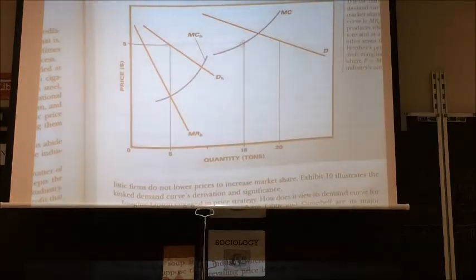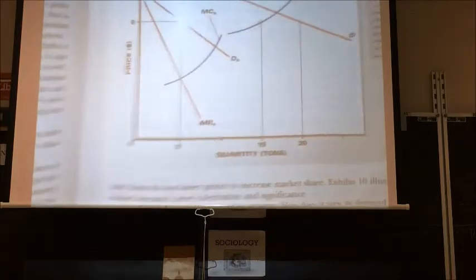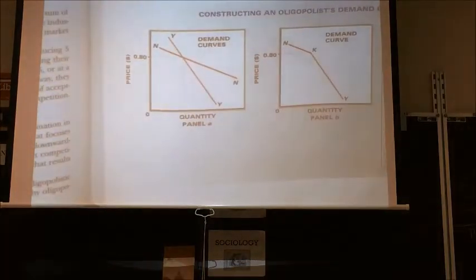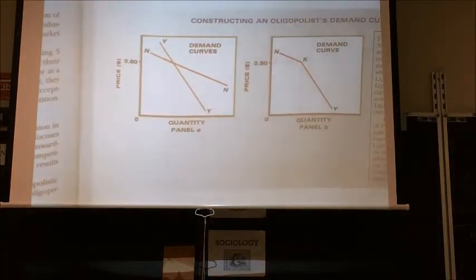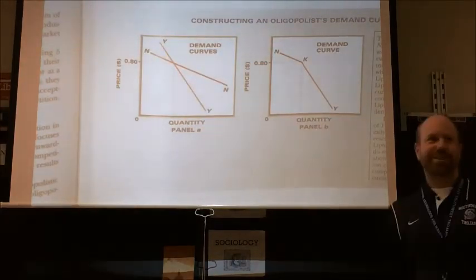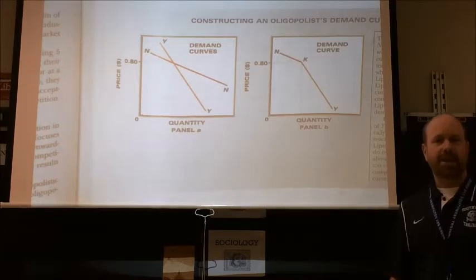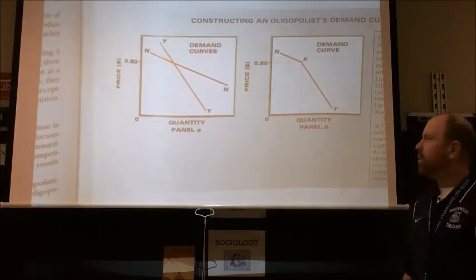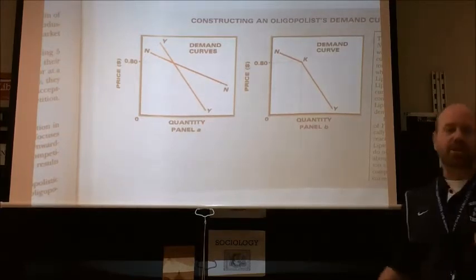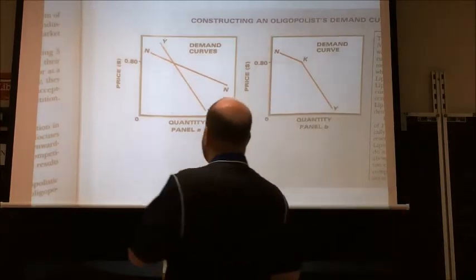There's another kind of weird factor, you may or may not run into it. Some economists say that an oligopoly actually has a kinked demand curve like this. And this is going to lead us to another important element of an oligopoly, because they do watch each other very closely.